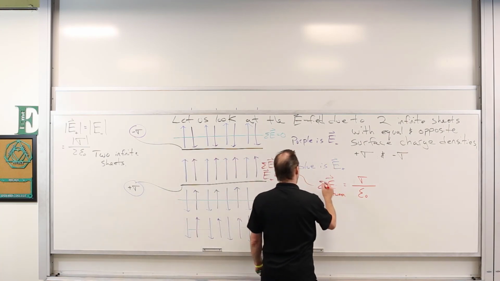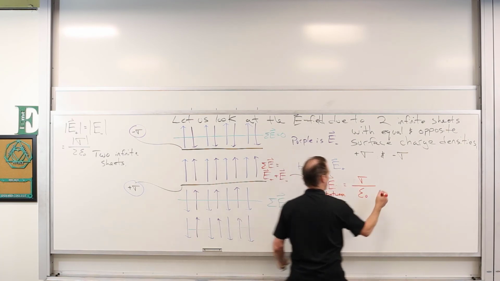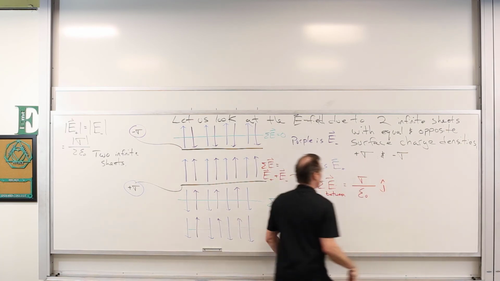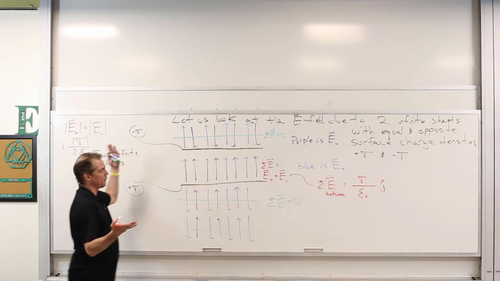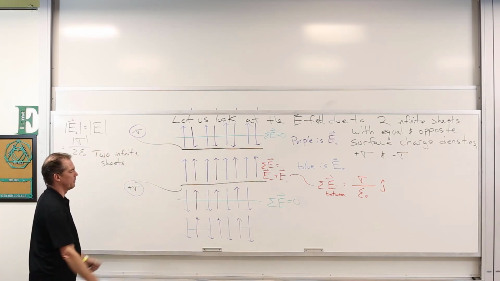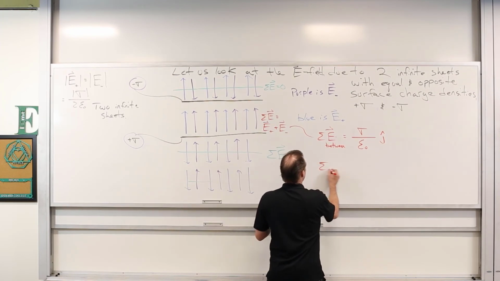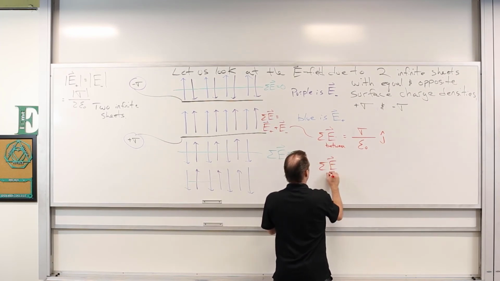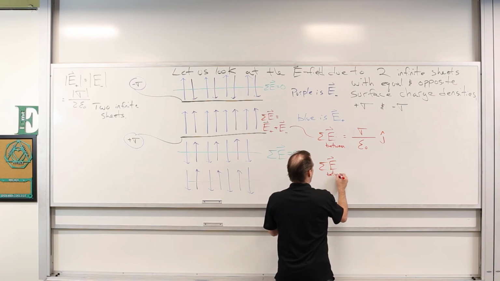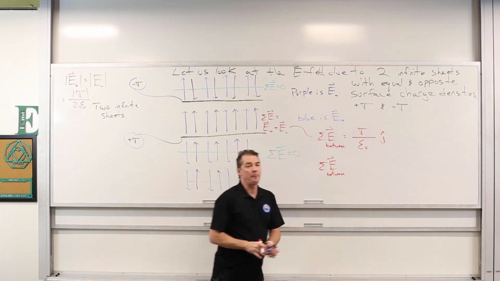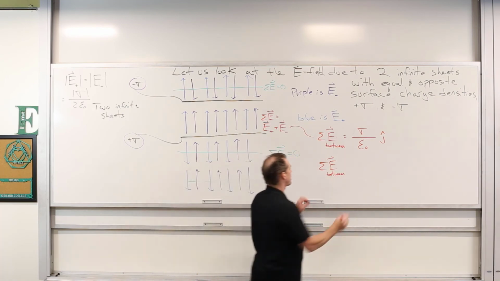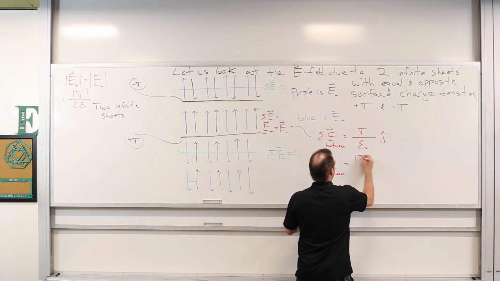And really, generally, what we want to do with this is note that it's in the j hat direction, or upward direction, depending on how you got your coordinate system laid out. But what we really want to get out of this is the net field between two equally and oppositely charged infinite sheets is equal to sigma over epsilon 0.